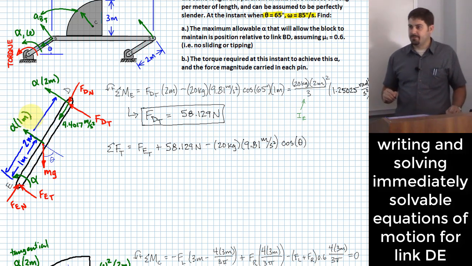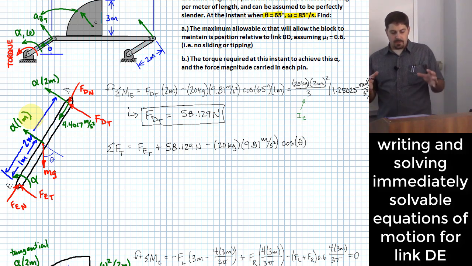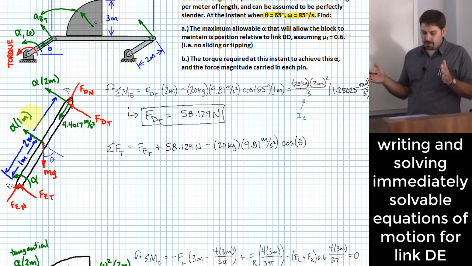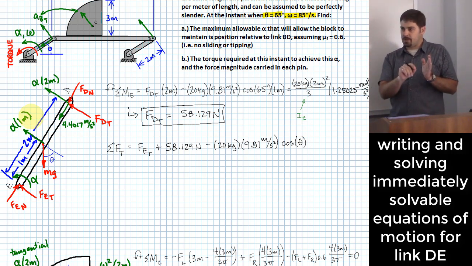How do I know that? Because your tangential acceleration at 2 meters is just alpha times 2. The tangential component of acceleration anywhere along this is just going to be equal to alpha times the radius away from the center of rotation.